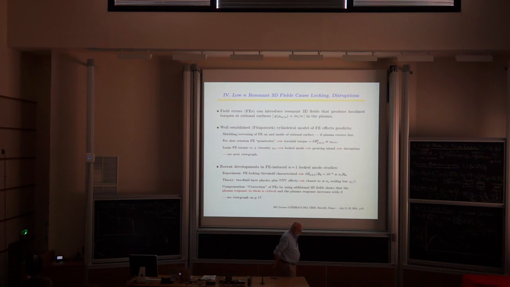Well, it turns out that it causes what's called a locked mode, and I'll show you a picture of that later, but the gist is that on that rational surface, like say the 2-1 surface, it causes the toroidal rotation there to be locked to the wall, no toroidal rotation, and the rest of the plasma is still flowing toroidally. And then over a period of time, the viscous force or viscous diffusion causes the momentum to flatten over the whole profile.